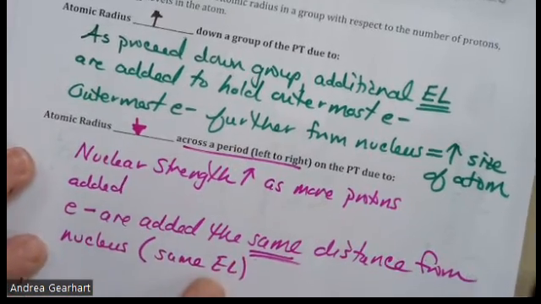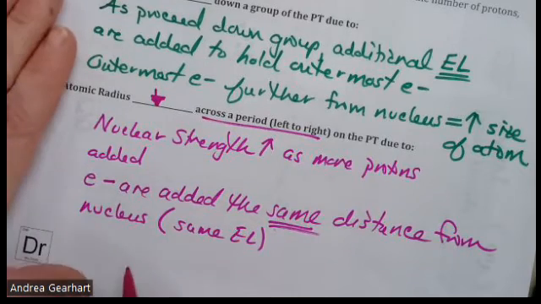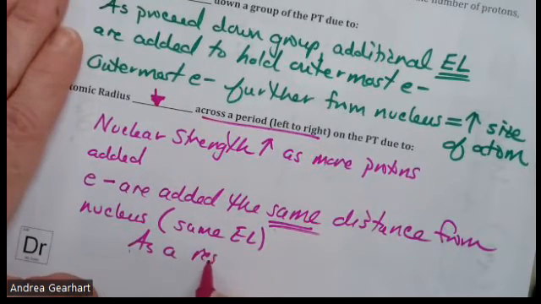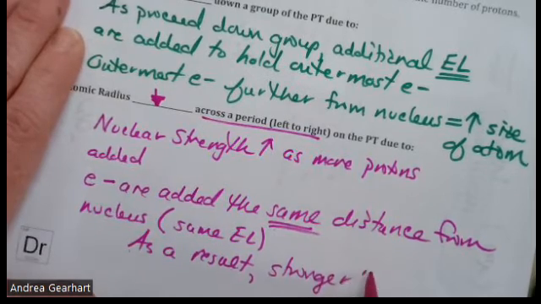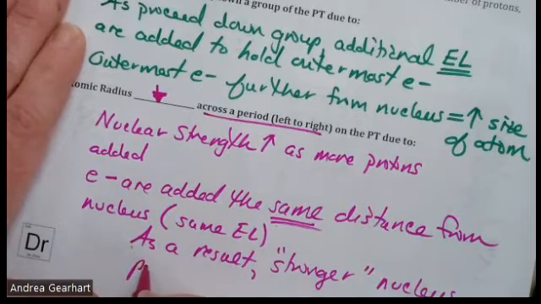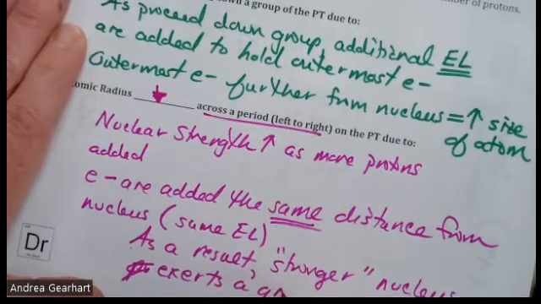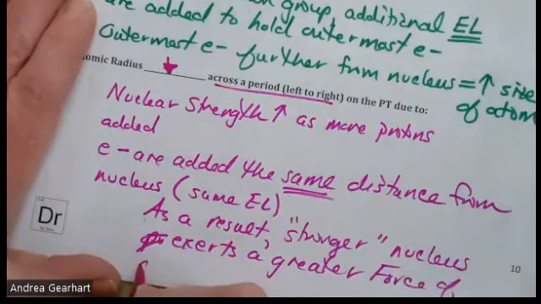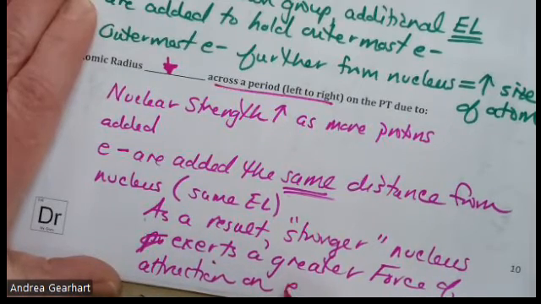Really the same energy level, right? So as a result, the stronger nucleus exerts a greater force of attraction on the electrons, equaling a smaller size of the atom.